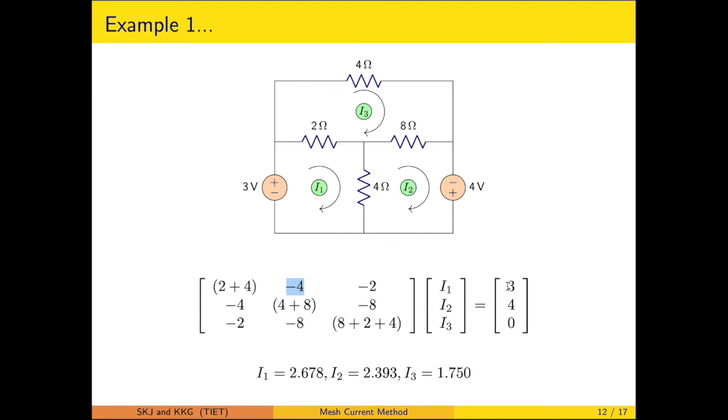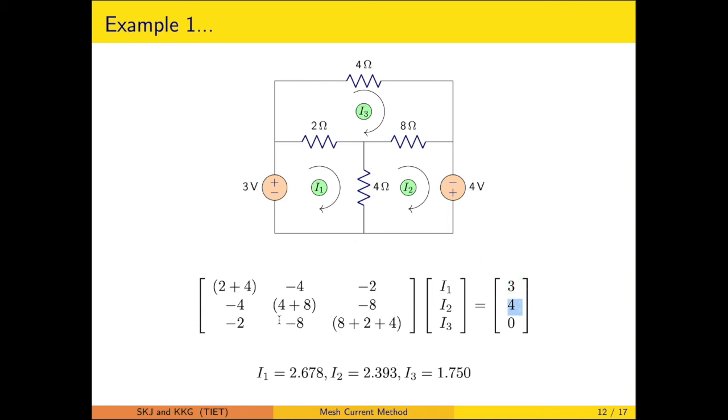Now on this right hand side, this is experiencing a voltage rise. Here the voltage polarity is like this, so the mesh current is coming out from the positive terminal, which will also experience a voltage rise.